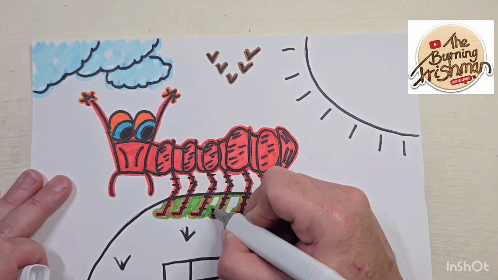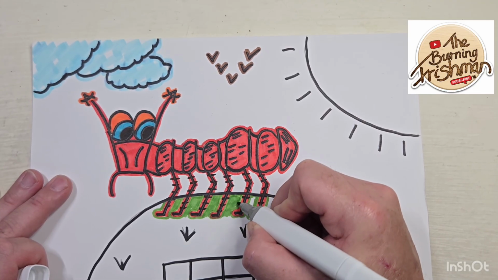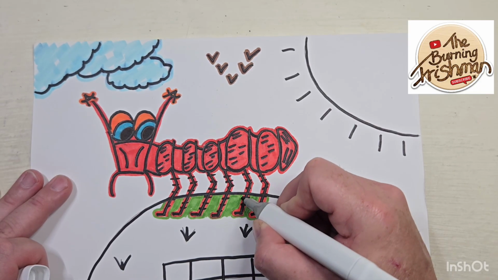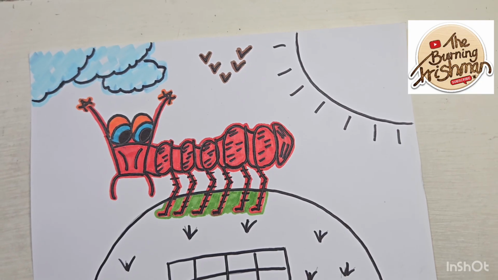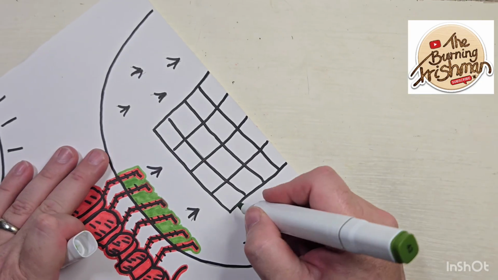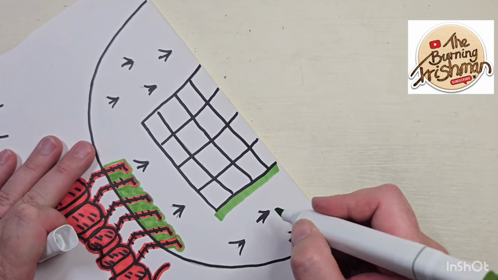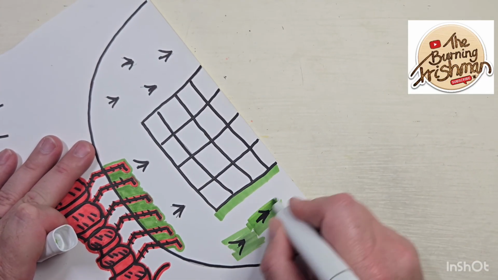And with the grass, you don't necessarily have to go in the same direction, just because it's grass, and grass doesn't always go in the same direction, so that might actually be a pretty cool idea to kind of maybe change direction a little bit as you color in your knoll or hill.